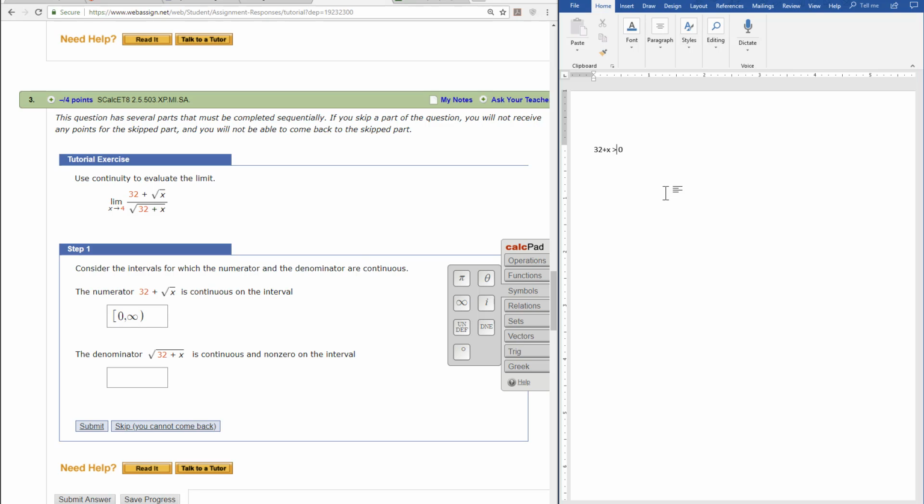If we solve for that, we bring the 32 over to the other side, and x is bigger than negative 32.